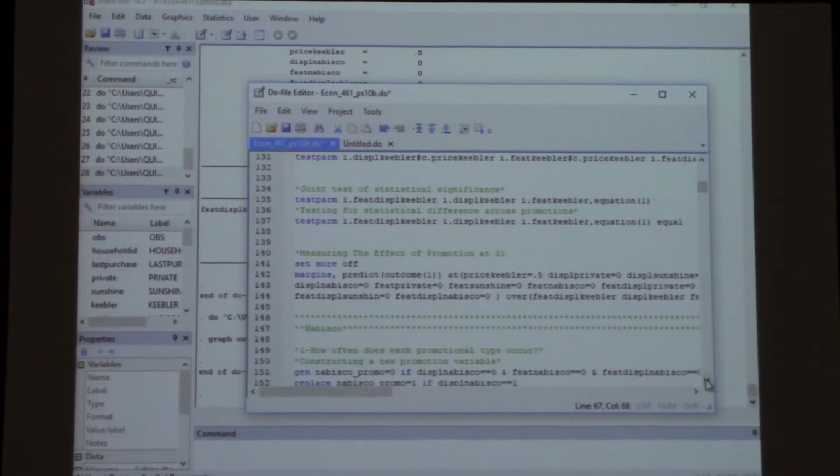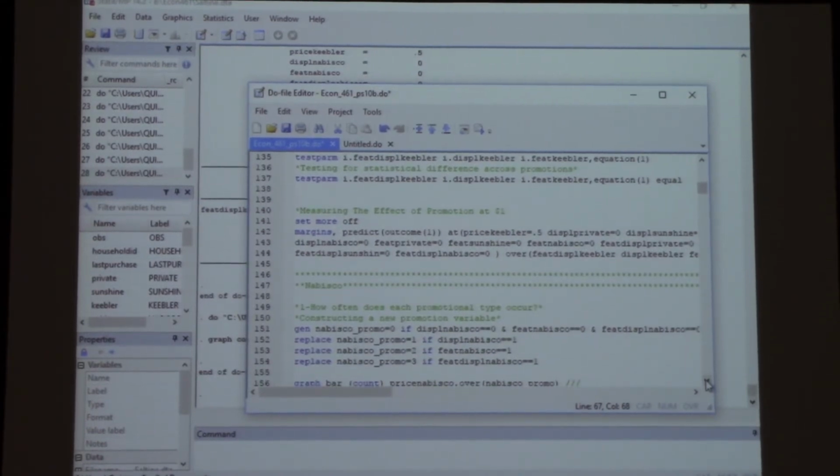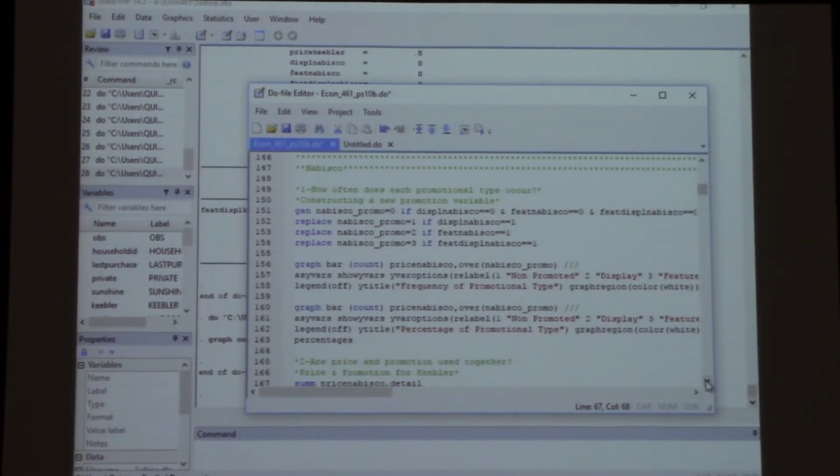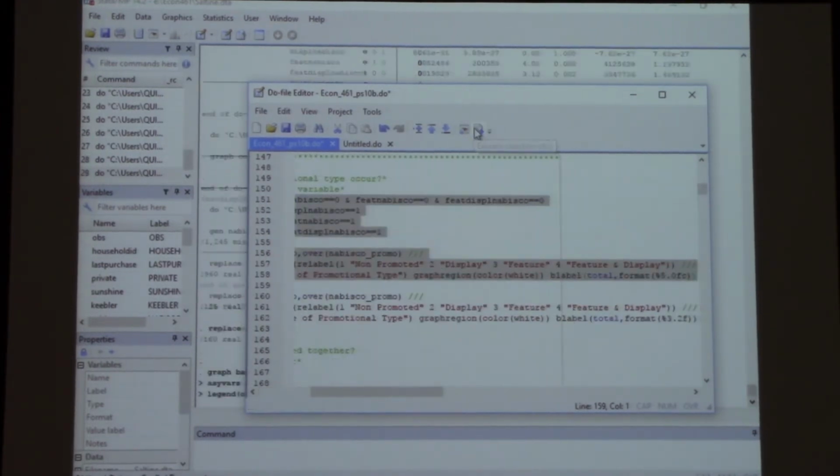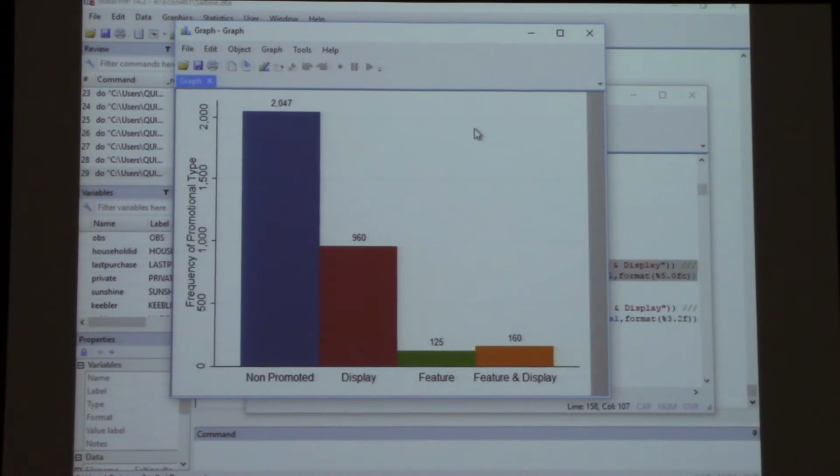All right, this is Nabisco. I'm going to generate that same Nabisco promo variable so that we can construct the graphs and see if we have any potential small sample problems.